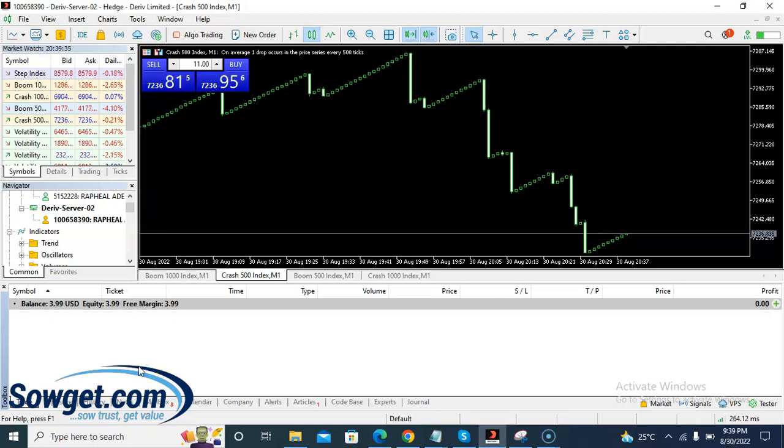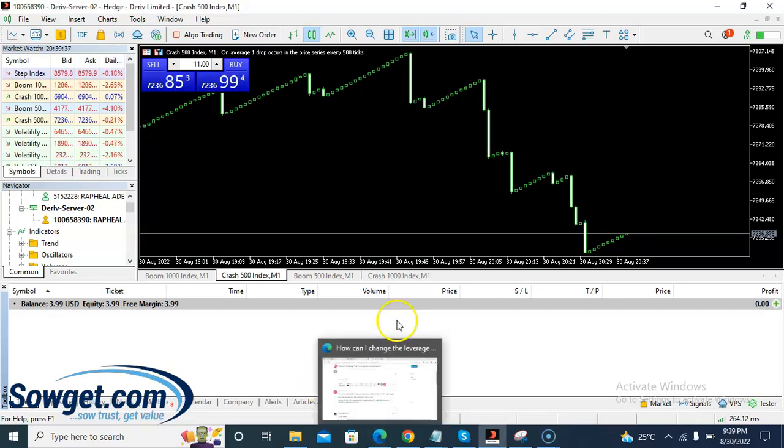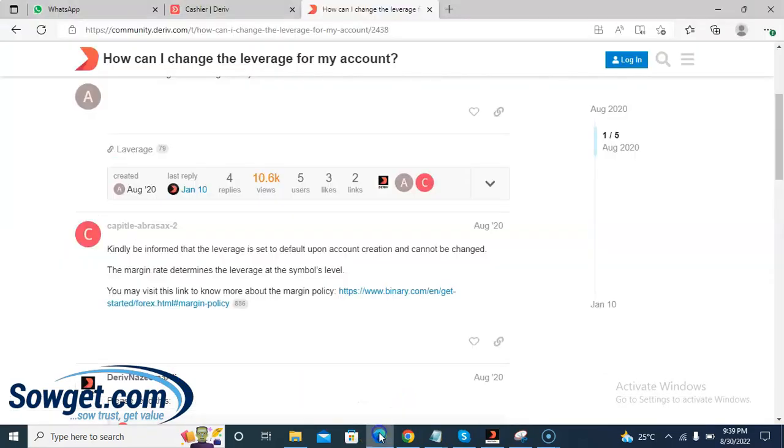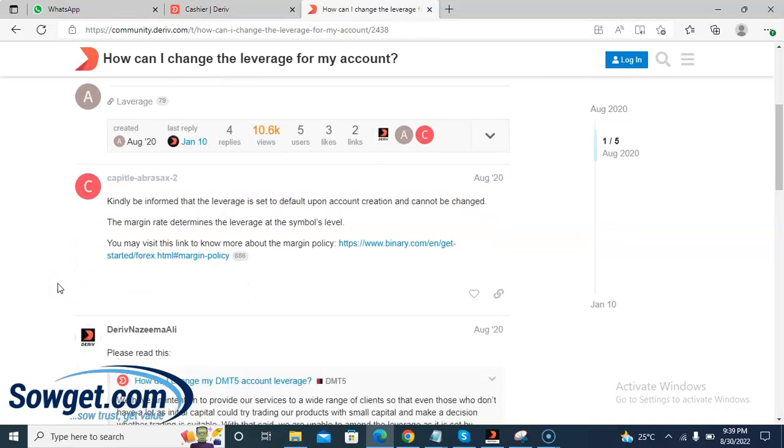So about the leverage, let me just show you the message from Deriv. Deriv's response is that kindly be informed that the leverage is set to default upon account creation and cannot be changed. The margin rate determines the leverage at the symbols level. You may visit this link, and so on.